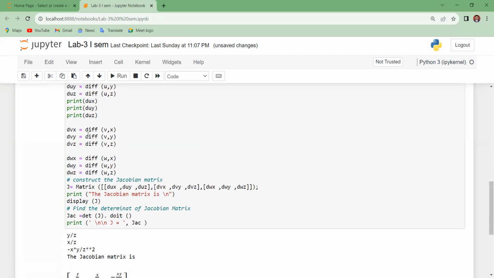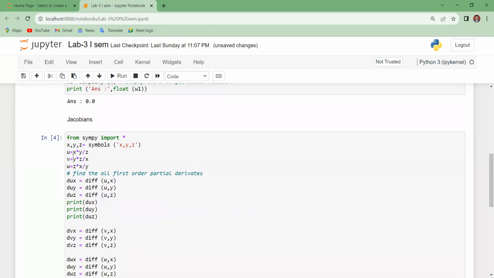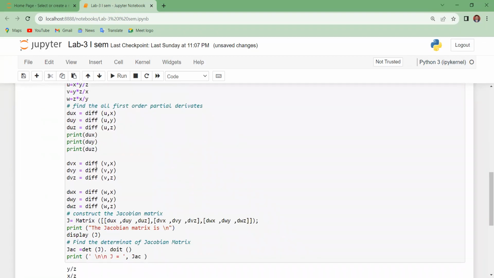So similarly, differentiate v with respect to x, that is stored in dvx. Differentiate v with respect to y, that is stored in dvy. Differentiate v with respect to z, that is stored in dvz.